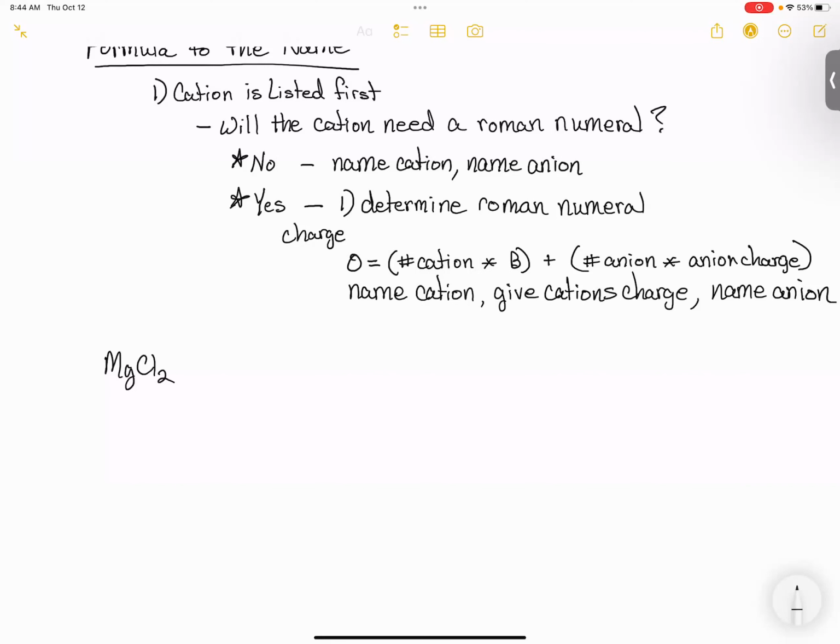So since it always has the same charge, I'm going to name the cation. And I'm going to name the anion. What is the ending, the suffix for this anion going to be? I-D-E, because it is an anion of an element.